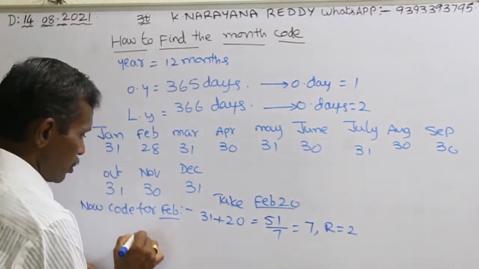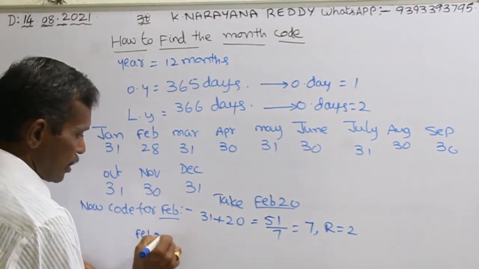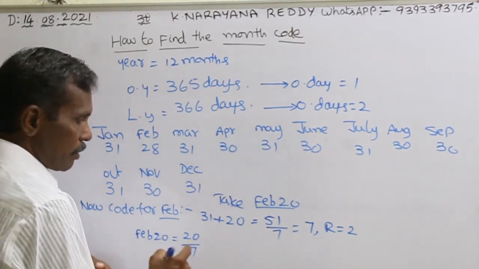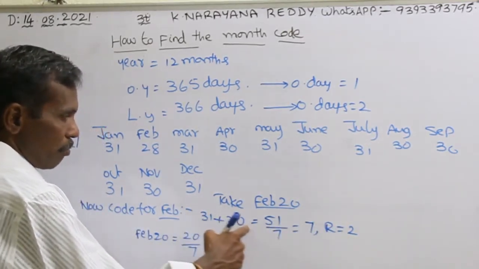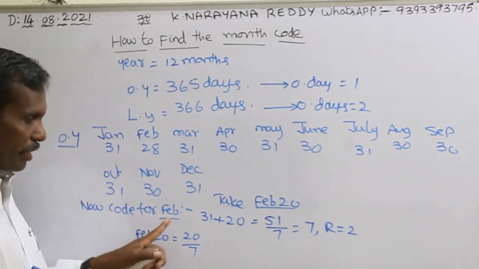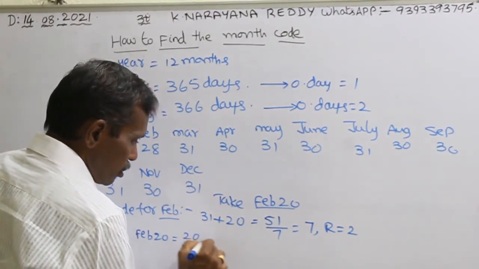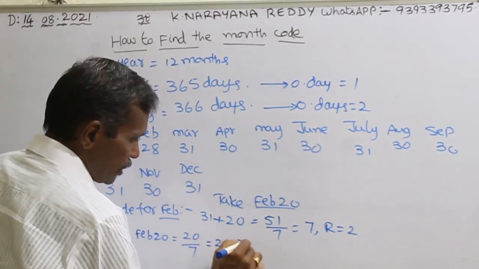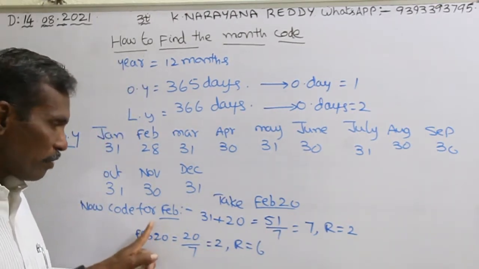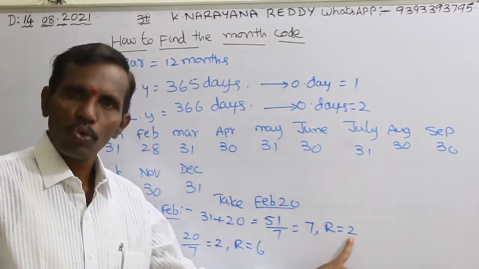These are the odd days from Jan to Feb 20. But we are taking only 20 days in Feb. So 20 by 7: 7 2s are 14 and remainder is 6. So there are 6 odd days only in Feb 20. But from Jan to Feb 20 we will have 2 odd days.